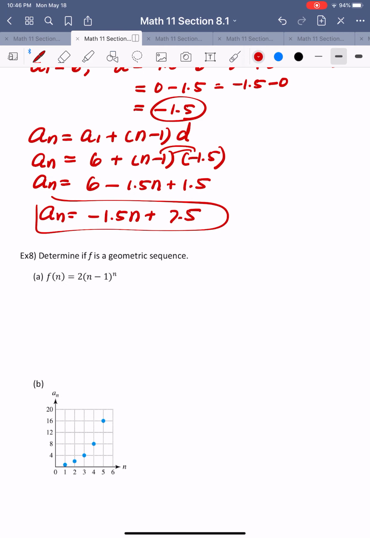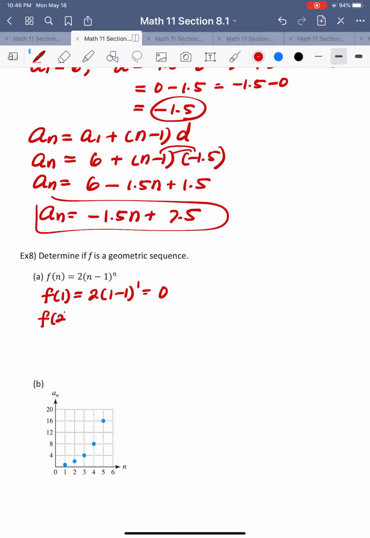Now example 8, determine if f is a geometric sequence. Okay, so geometric sequence means instead of adding and subtracting for the common difference of the arithmetic sequence, this is being multiplied. So this time, let's check it out and plug it in. Okay, f of 1 is 2 times 1 minus 1 to the first power, which is 0.